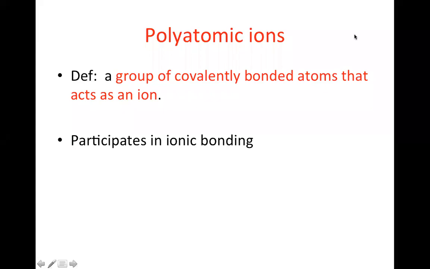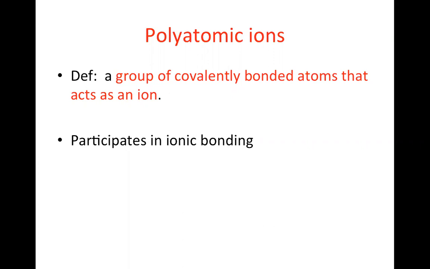Hello again. In this video, we're going to look at incorporating polyatomic ions into our ionic compounds. Polyatomic ions are a group of covalently bonded atoms that acts as an ion. So these are going to participate in ionic bonding.